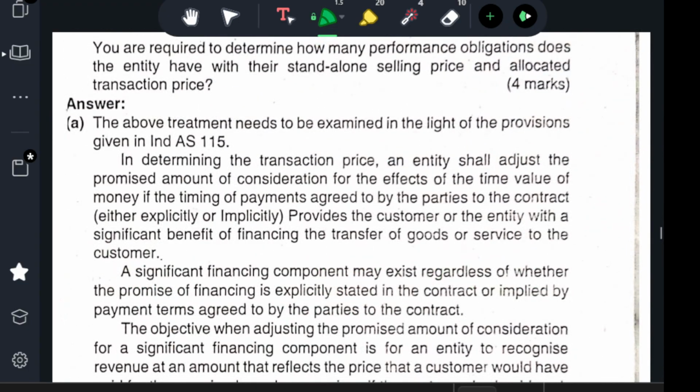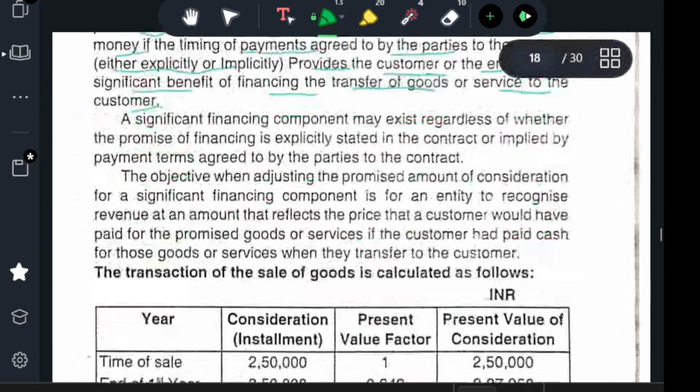The above treatment needs to be examined in the light of the provisions of Ind AS 115. In determining the transaction price, the entity shall adjust the promised amount of consideration for the effects of the time value of money, if the timing of payments agreed by the parties to the contract, either explicitly or implicitly, provides the customer or the entity with a significant benefit of financing the transfer of goods or services to the customer.